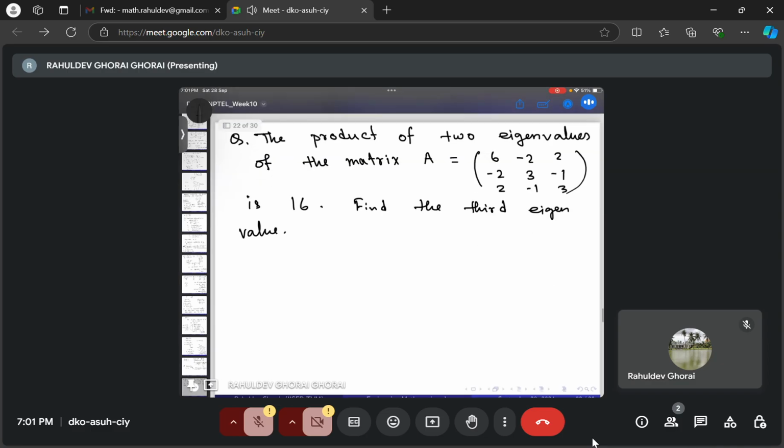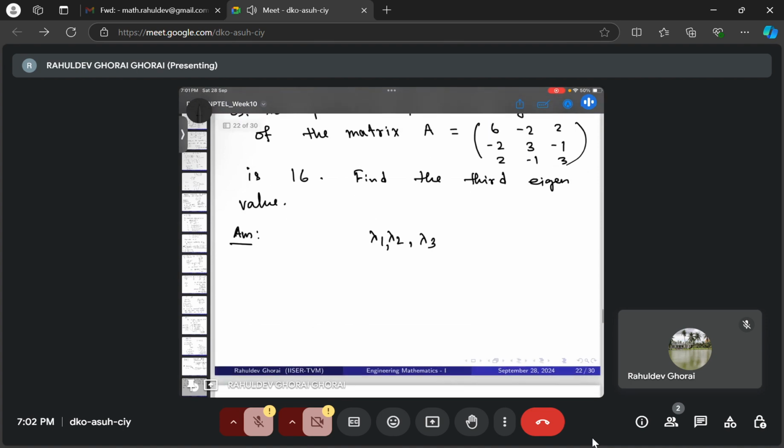The answer is based on something I have mentioned already: the product of eigenvalues will be the determinant. We can do the answer in two ways. One way is to let lambda 1, lambda 2, lambda 3 be the three eigenvalues.